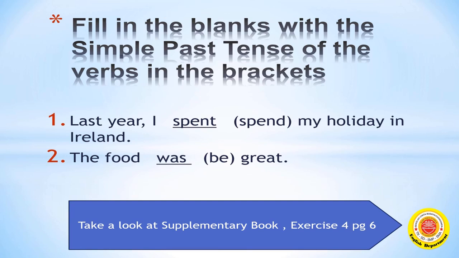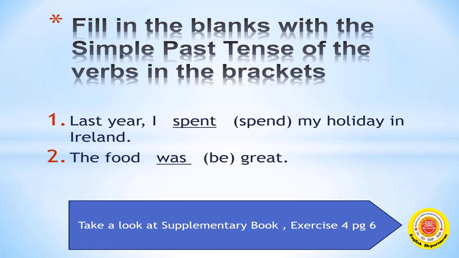Kalian harus mengubahnya jadi bentuk verb 2. For example, number 1. Last year, I blank spent my holiday in Ireland. Last year, tahun lalu, berarti sudah lewat. Nah, sudah lewat itu gunakan past tense. Spend di sini, yang dalam kurung, itu masih bentuk verb 1. You want to change it into verb 2.